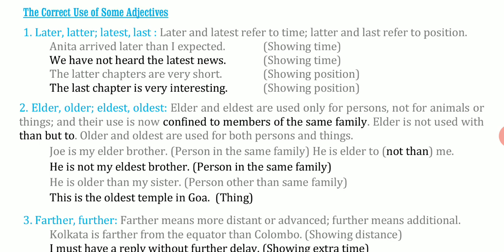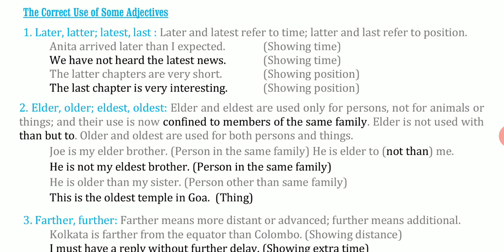Just before, we studied some adjectives where we use to, not than, like senior, inferior, junior, superior, and elder too. Older and oldest are used for both persons and things. Joe is my elder brother, meaning a person in the same family. He is elder to me. Here we will use to, not than.